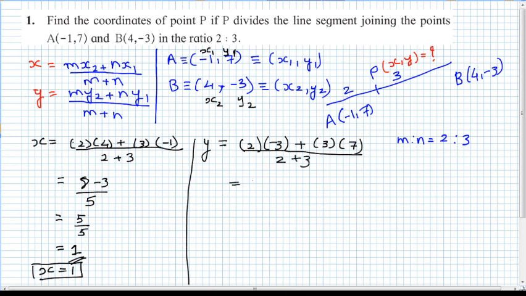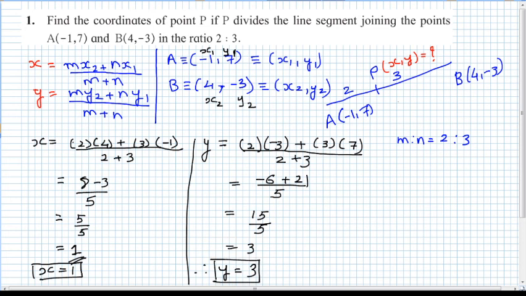So it is -6 plus 21 upon 5. 21 minus 6 is 15, right? So 15 upon 5 is equal to 3. So y came to 3.